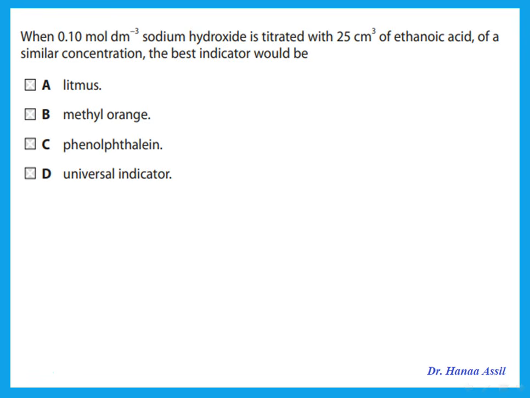So let's take a look at some questions. When 0.1 mol per decimeter cubed sodium hydroxide is titrated with 25 centimeter cubed of ethanoic acid. Again, sodium hydroxide is a strong base. Ethanoic acid is a weak acid. The best indicator would be what?